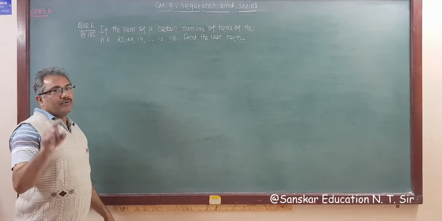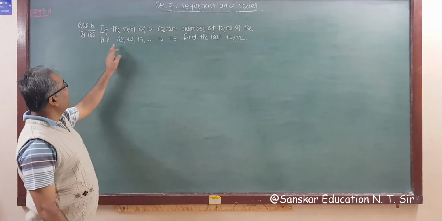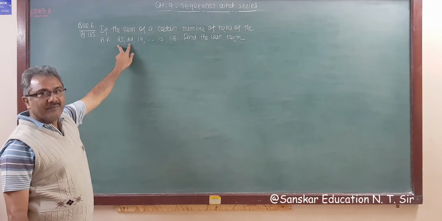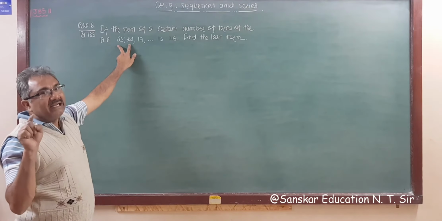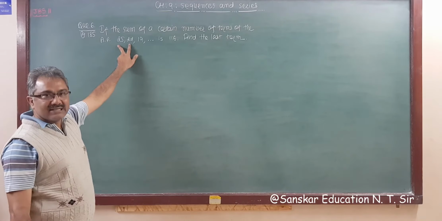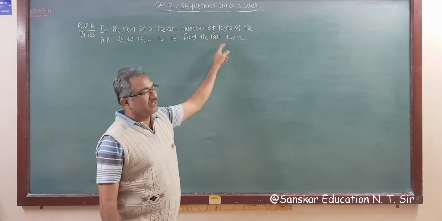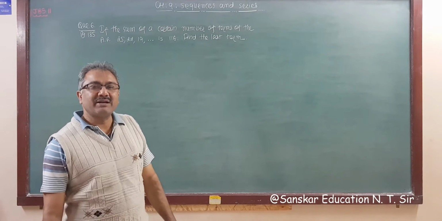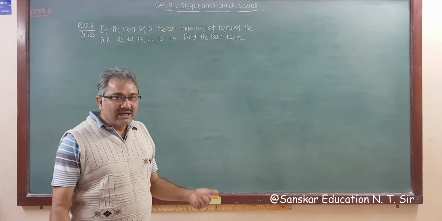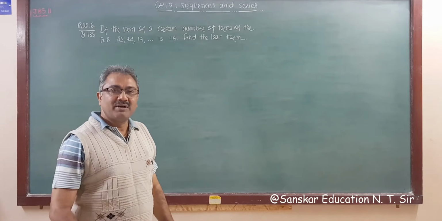That means we have to find out first n, because A and D are already given here. If we know A and D, then everything is easy for us. Then we find the last term Tn, which is A plus (n minus 1)D, when we know the number of terms in the sequence.